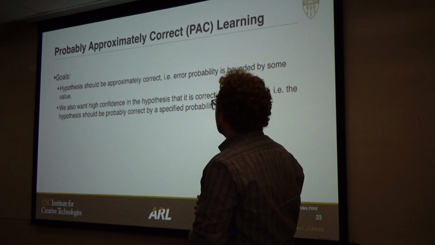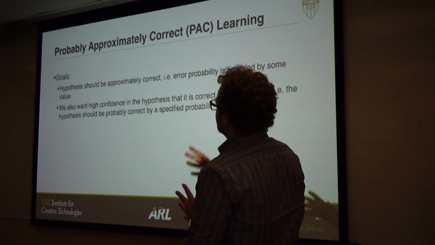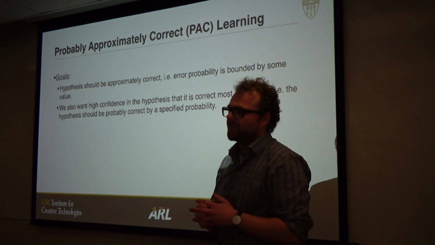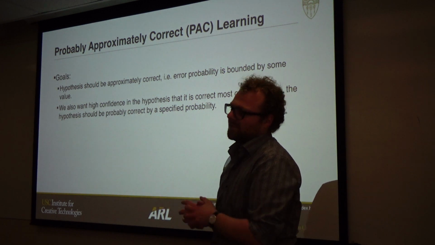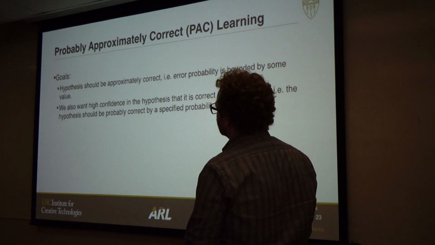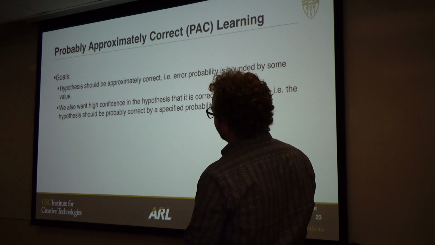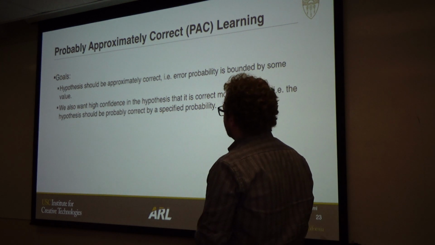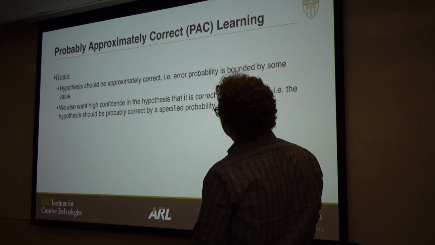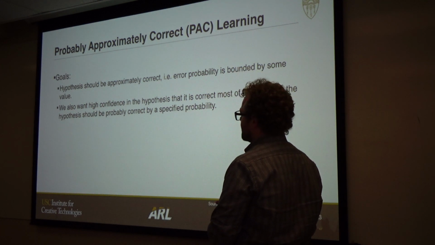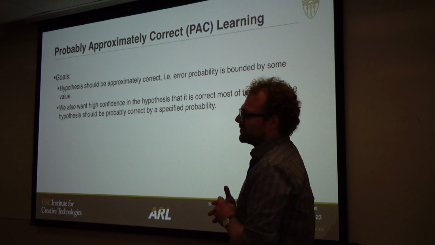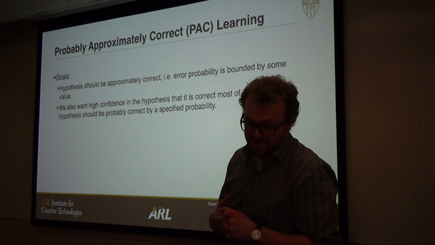The error probability should be bounded by some value, so the error should not be greater than a value. We also want, with high confidence, the hypothesis to be correct most of the time. That means the hypothesis should be probably correct, by a specified probability.